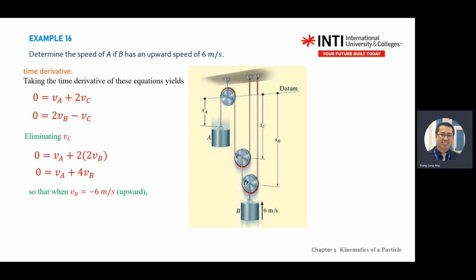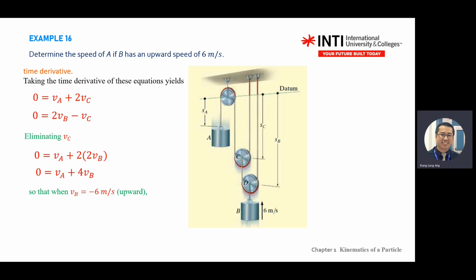Then you know that VB is 6 moving up. But remember, the datum shows you where V is positive. Down is positive, but your acceleration goes up. Remember, the velocity is negative, not positive. Remember the direction of your velocity referring to the datum. Mistakes sometimes will be here.